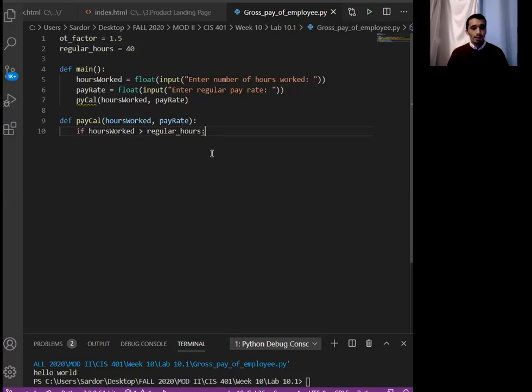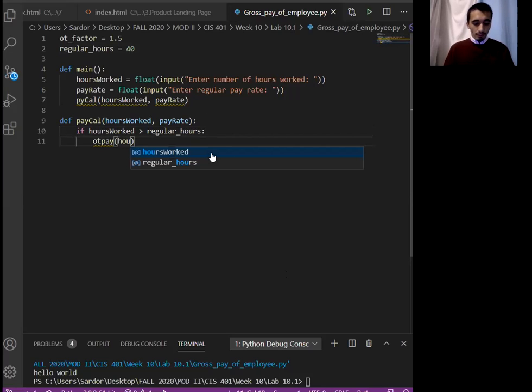then we follow before. If it is true, we write OT pay, hours worked times pay rate.